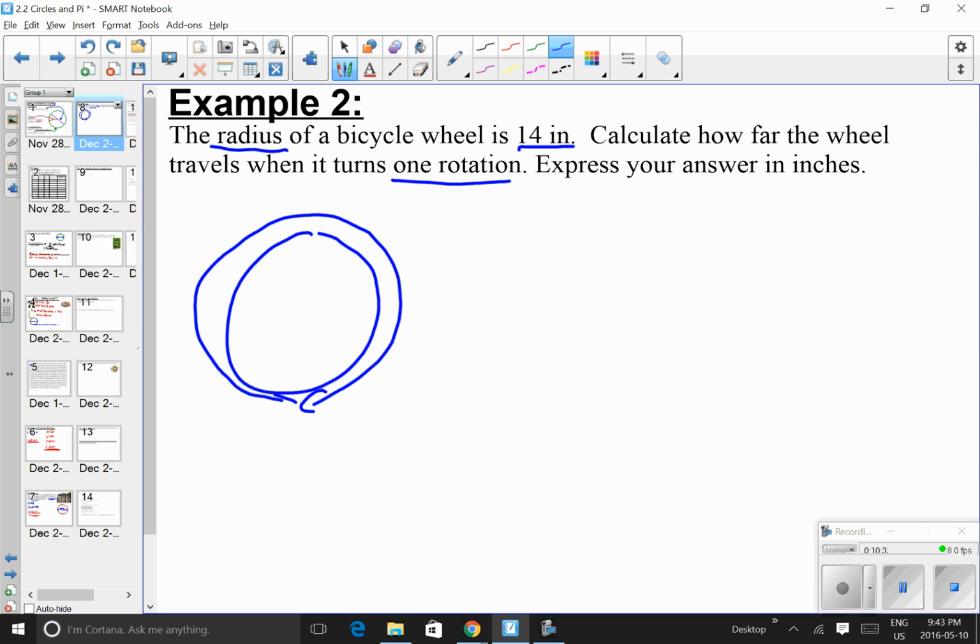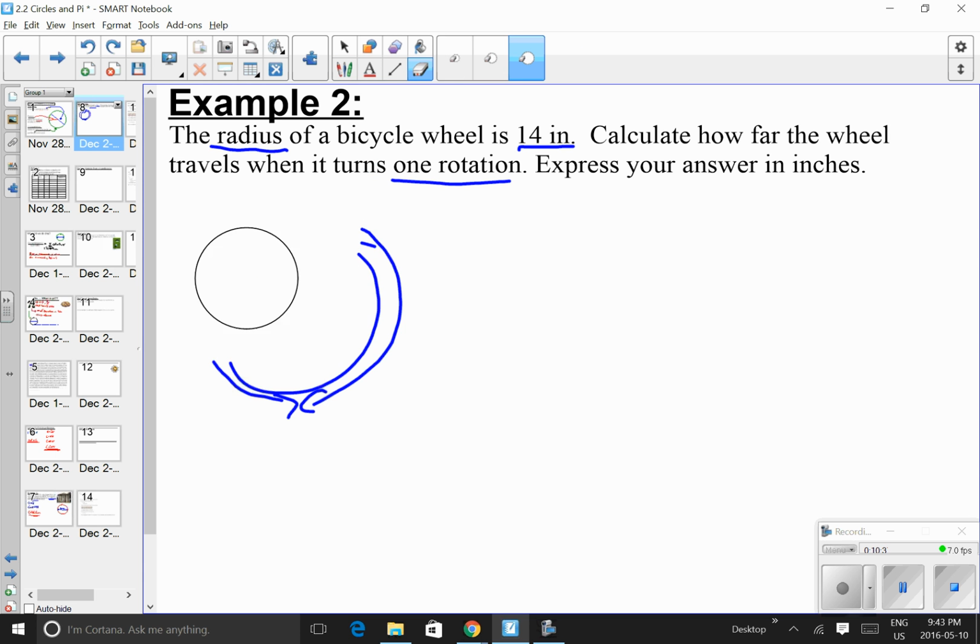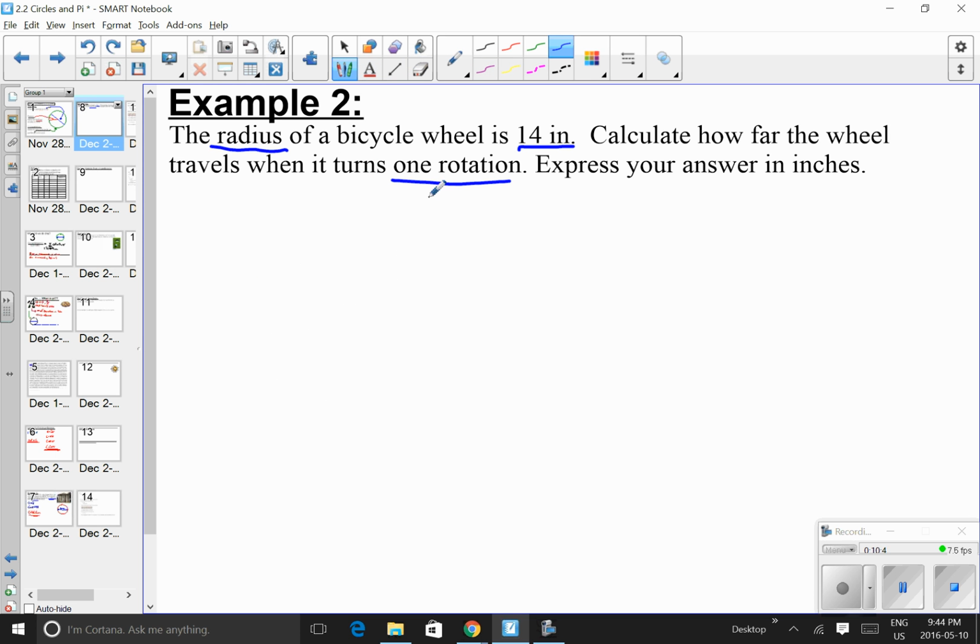So the circumference is what we're looking for. And you probably could have guessed that because we've been talking about circumference for this entire video. Now, because I know the radius, I'm going to use the other formula, the one that uses radius. It's 2 times pi times r.